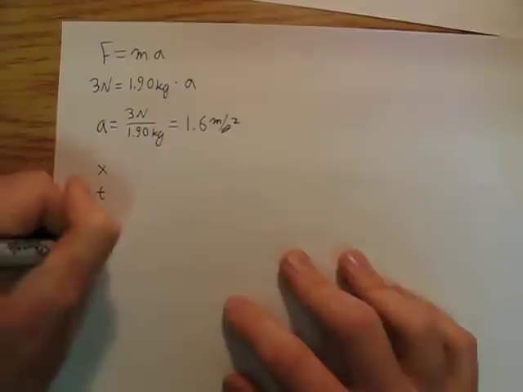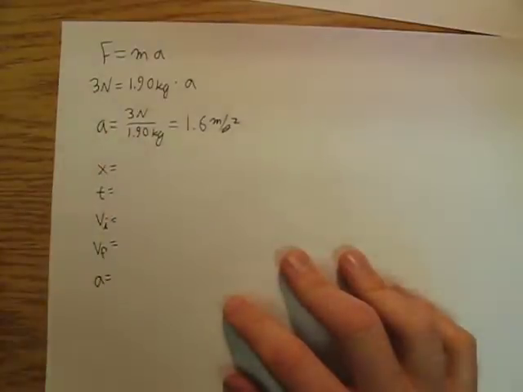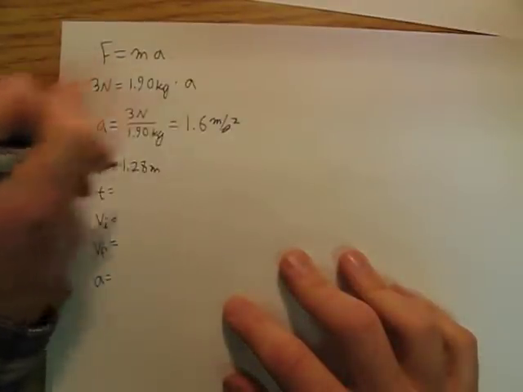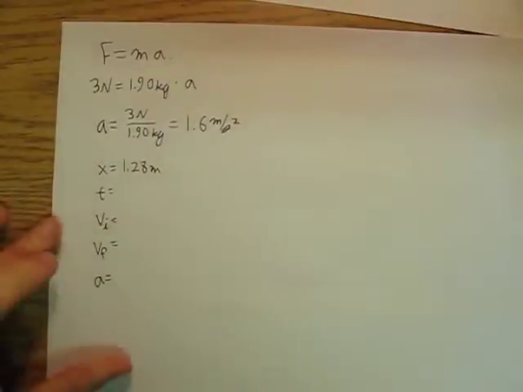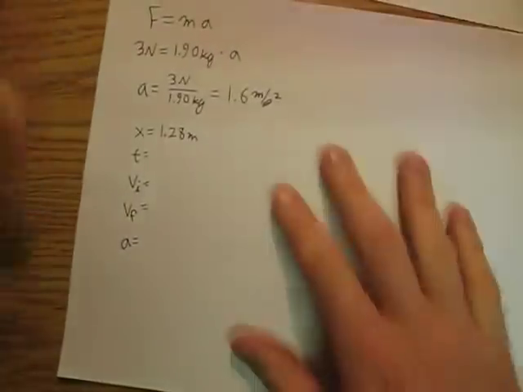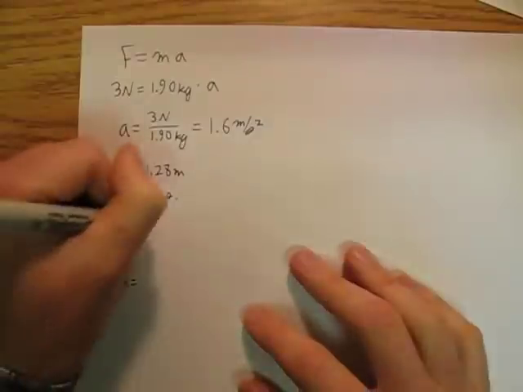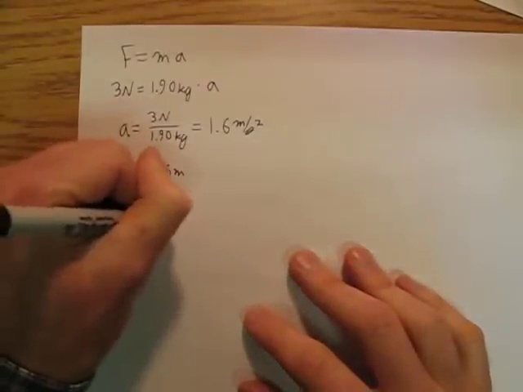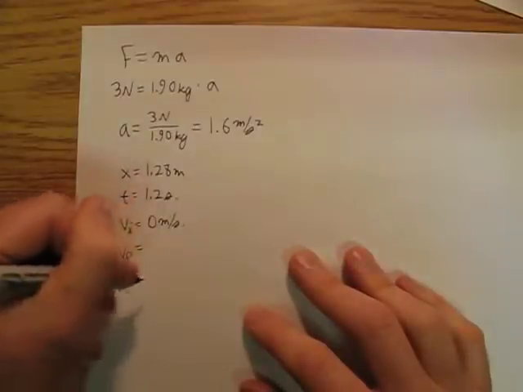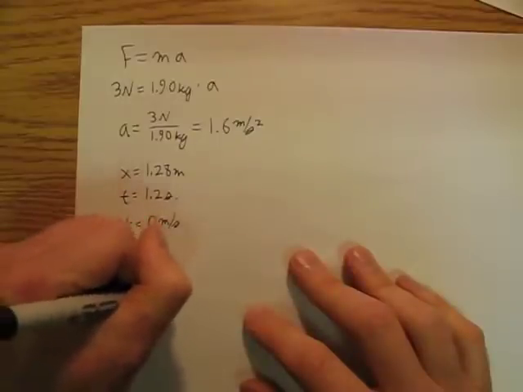So everything is probably not going to be super ultra neat, but we'll see how it ends up. It traveled 1.28 meters down the ramp, and it took 1.2 seconds to do so. Its initial velocity was 0 meters per second. Its acceleration was 1.6 meters per second squared.